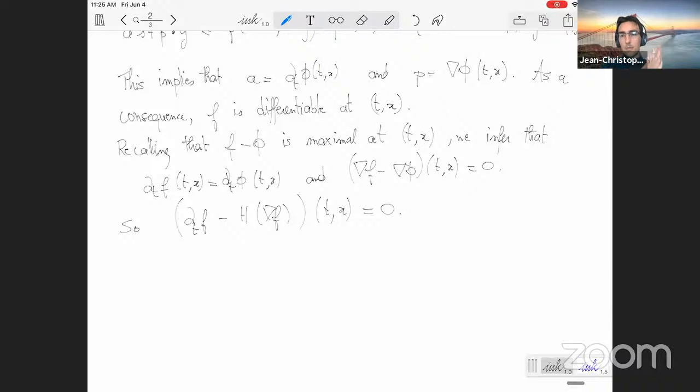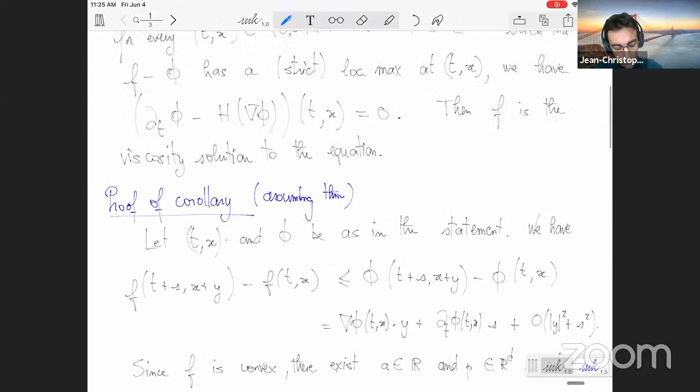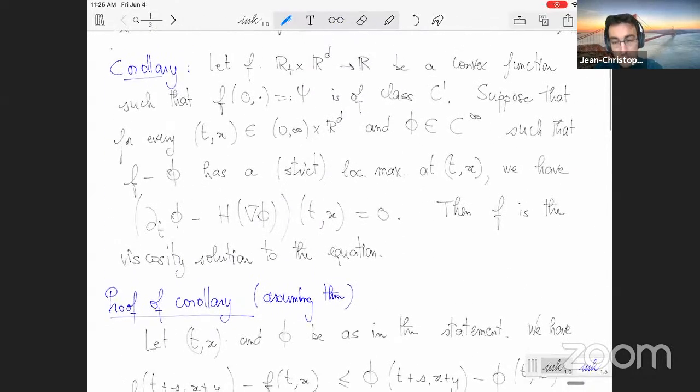Okay, so let me maybe pause for a second, scroll back up to the statement we want to show. This is what we want to show. And so far, what we have shown is that, in fact, at any of these contact points, f is differentiable and satisfies the equation.